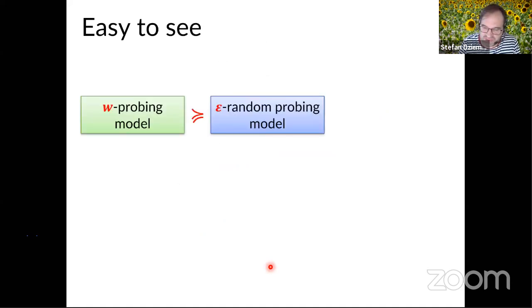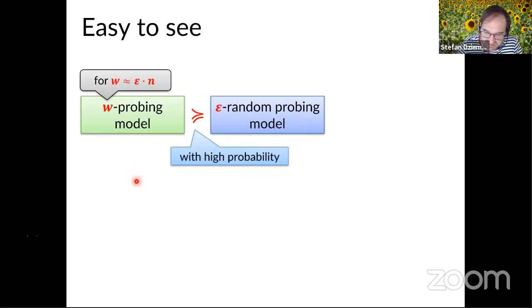What is easy to see is that the W probing model is at least as strong as the epsilon random probing model for W equal to epsilon times n, with high probability around epsilon times n. Basically, in this model, the adversary gets an epsilon fraction of wires chosen randomly.